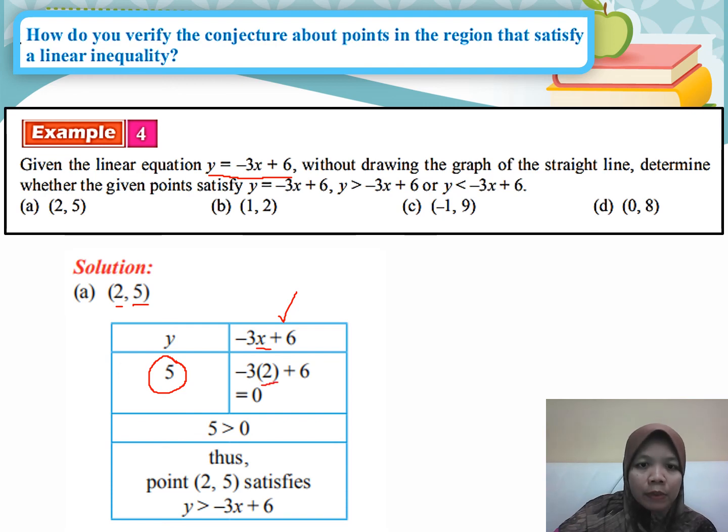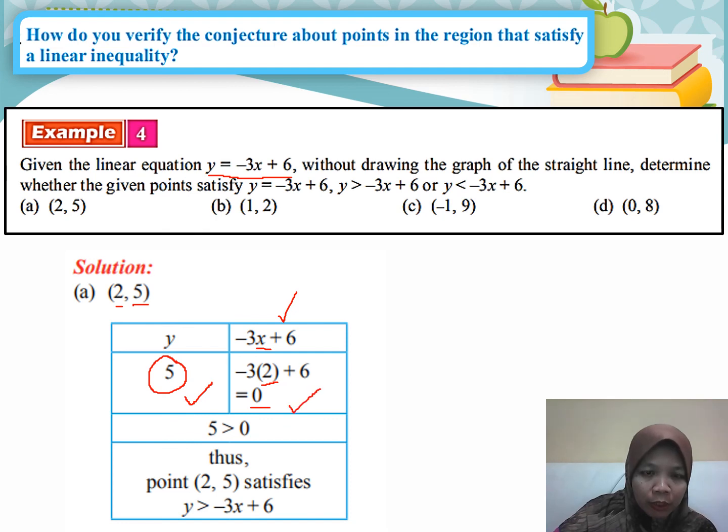So negative 3 times 2 plus 6, we will get 0. So at this side y is 5, and negative 3x plus 6 gives us 0.